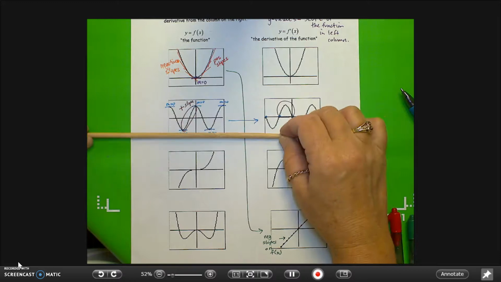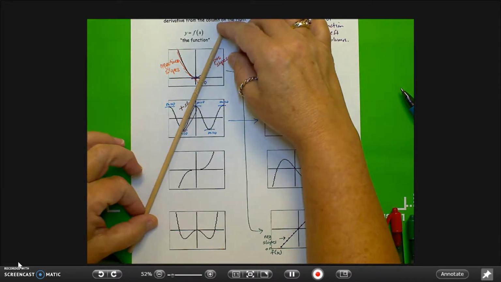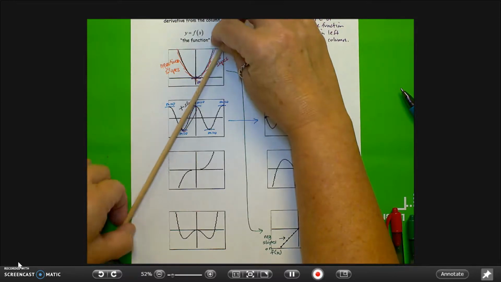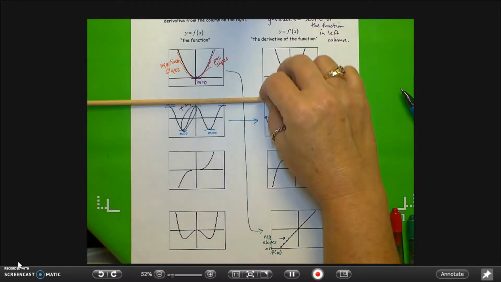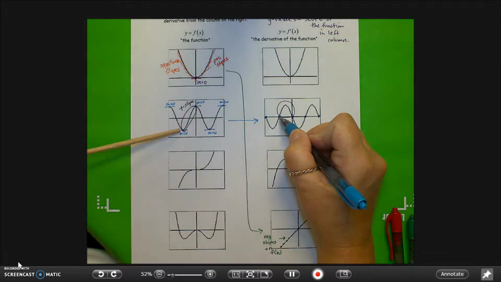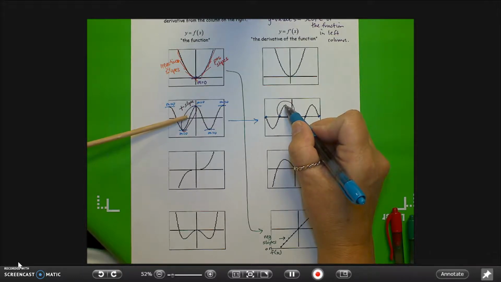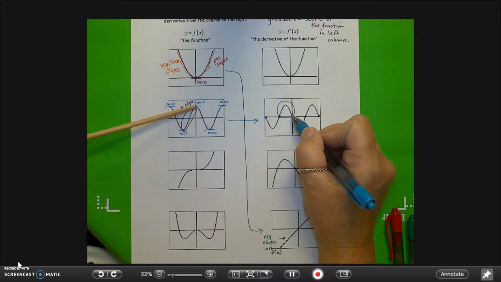So my slopes start at 0, they get more and more positive until they reach that point there, and then they start getting smaller again until they get to 0. That's what's happening right here. My slope starts at 0, and it gets more and more positive until it reaches its most positive or steepest part, and then the slope starts getting less and less positive until it comes back to 0.